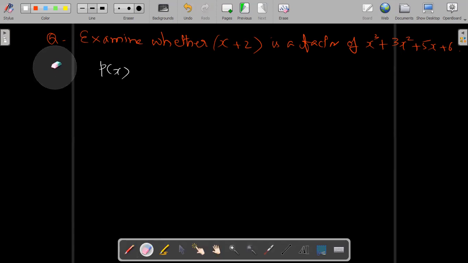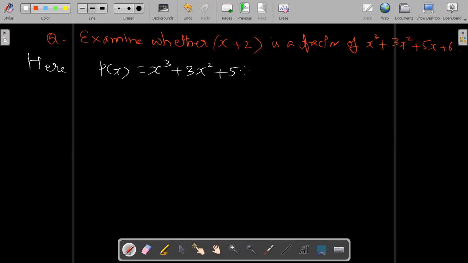Here px is equal to x cube plus 3x square plus 5x plus 6, and gx is equal to x plus 2.